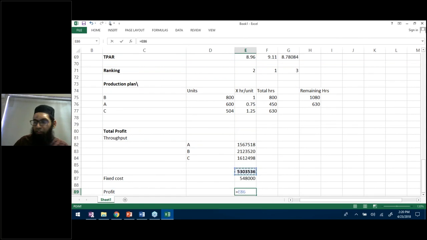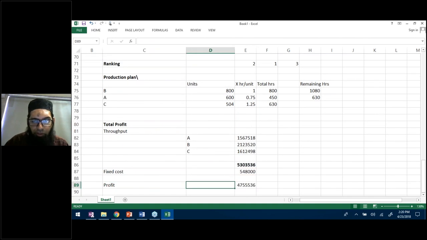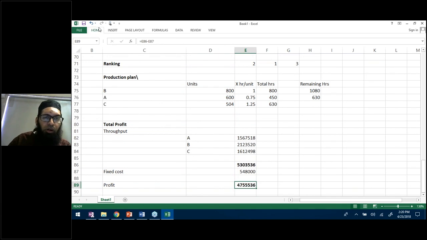This will be the total throughput minus the fixed cost. So this will be 475536. So this will be my final answer. Let's make it bold and also highlight it with color so that the marker or examiner will clearly view where you have calculated it, right?